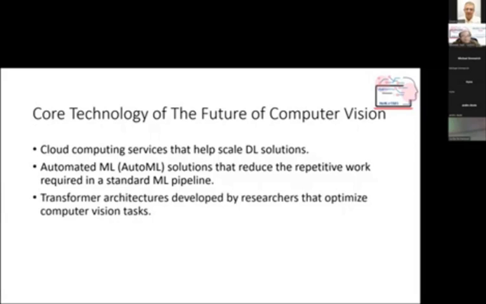Next, transformer architectures developed by researchers to optimize computer vision tasks, and mobile devices incorporating computer vision technology. We'll see all these aspects.